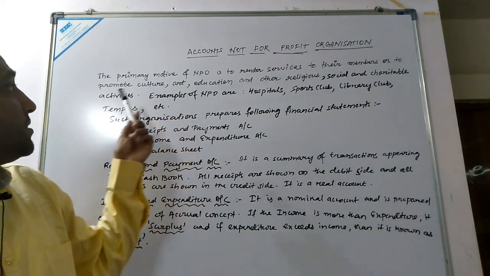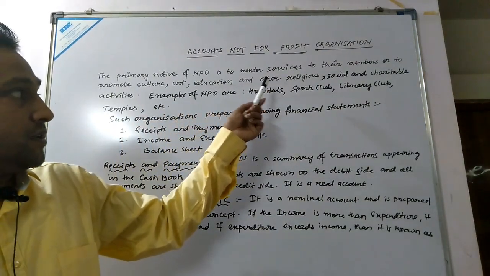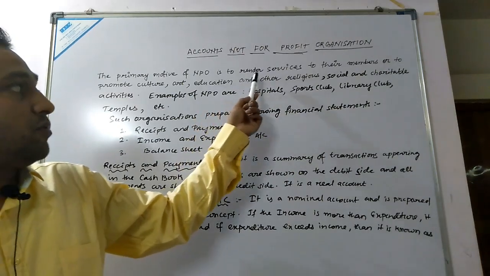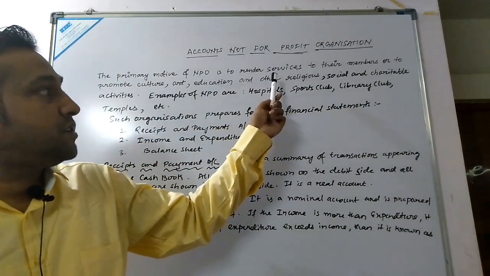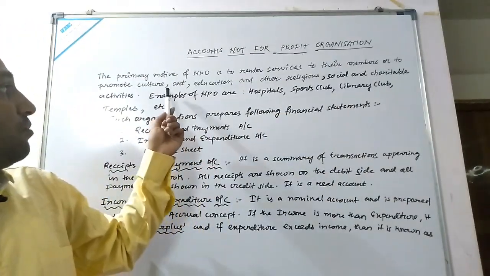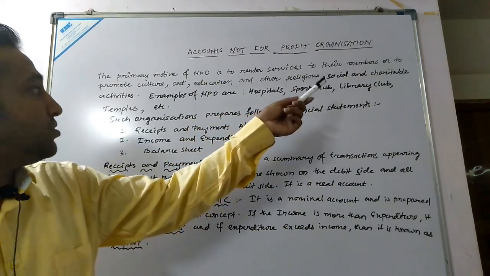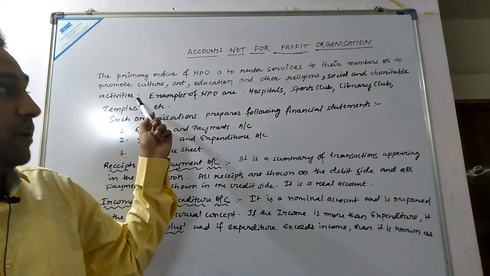As we can see, the primary motive of NPO is to render services, means to provide services to their members or to promote culture, art, education and other religious, social and charitable activities.